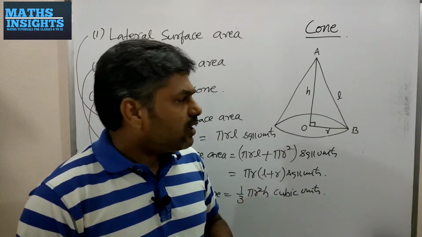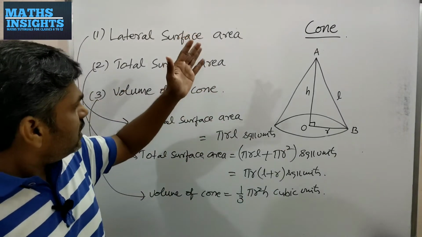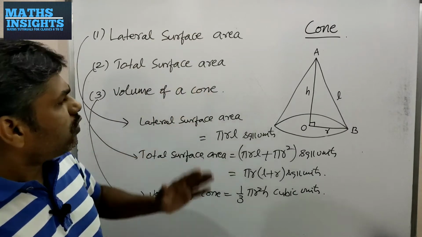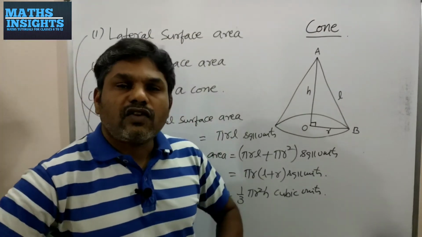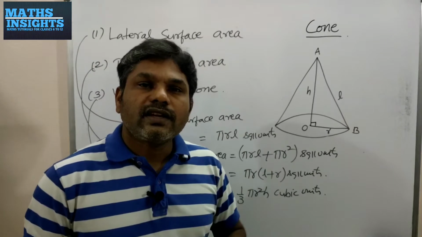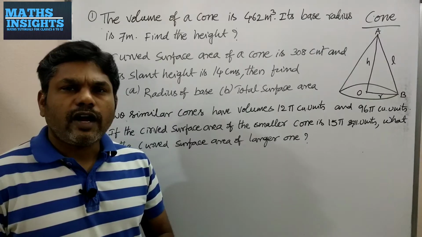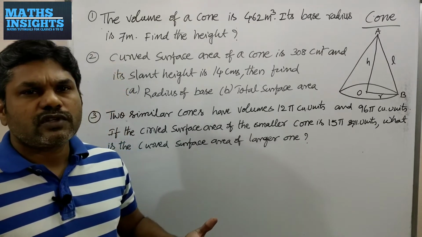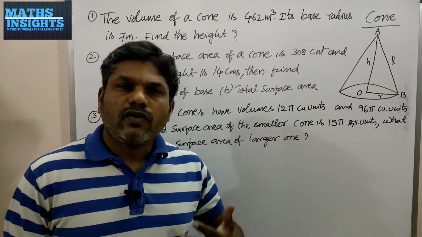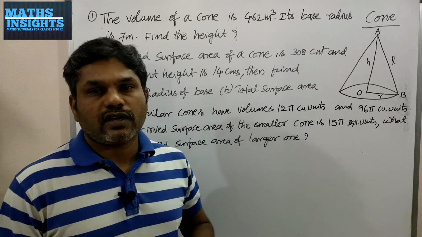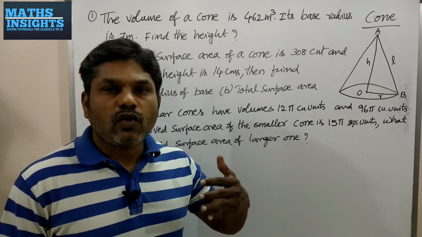In this way, you will calculate the lateral surface area, total surface area, and volume of a cone. And these concepts will be very clear if you solve some problems based on these formulas. I am taking 3 problems which are related to volume, total surface area, lateral surface area and similar cones.